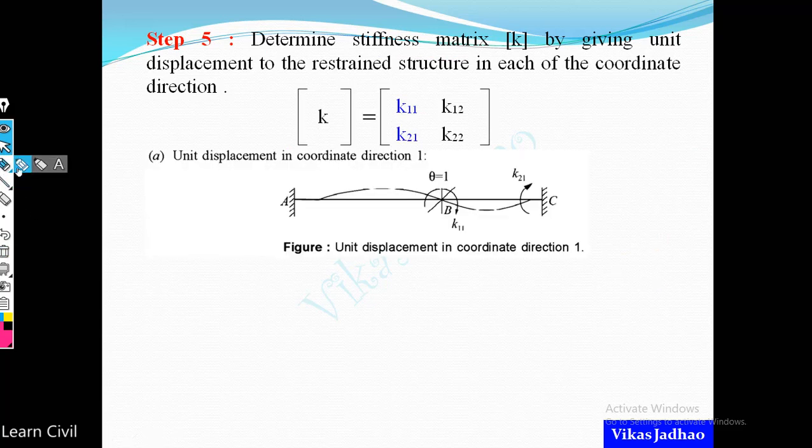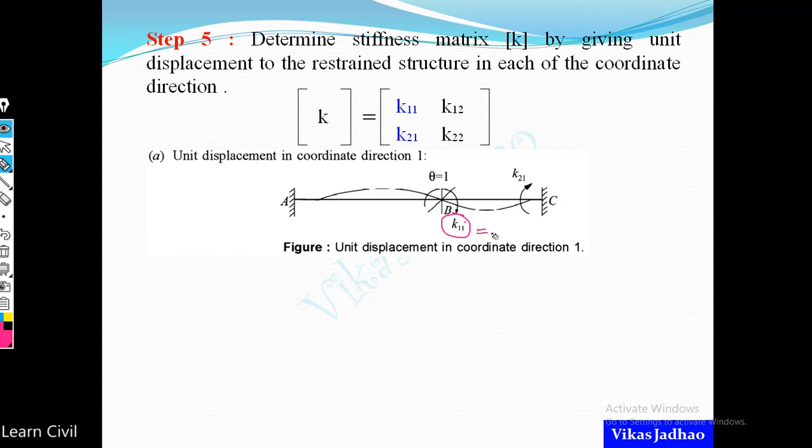So for calculating the values of K11 and K21, we will be applying unit rotation theta B equal to 1 at coordinate number 1 or at support B, assuming all other supports, that is A and C, as fixed. So first we will calculate the value of K11. This K11 will be developed here.